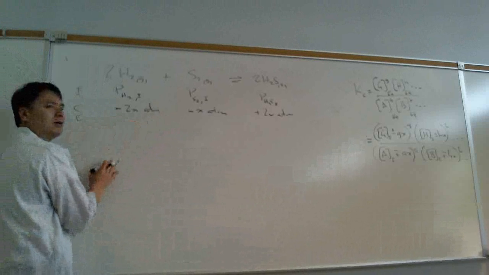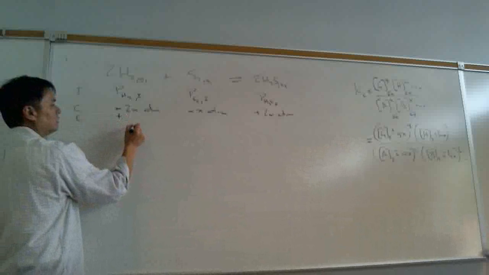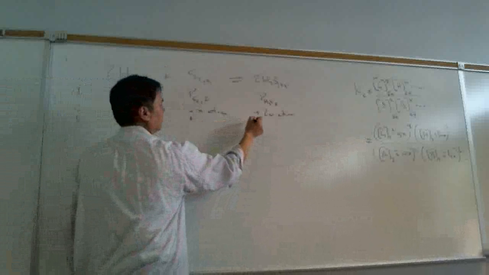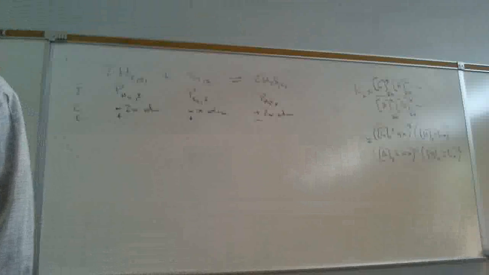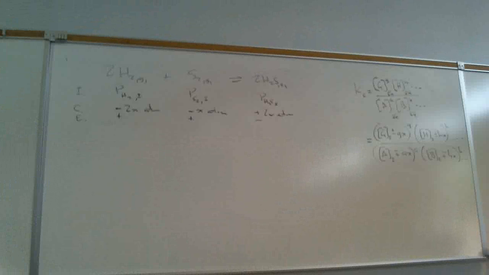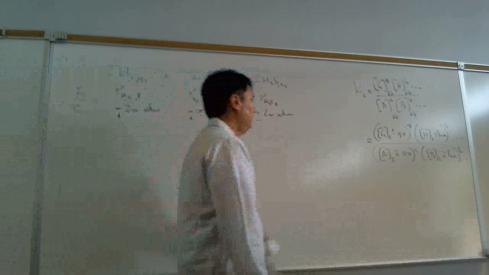But what if it goes backwards? Then it's going to be the opposite signs. Well, how do we know if it goes forward or backwards? We can start with the initial concentration. Let me talk about that right now.